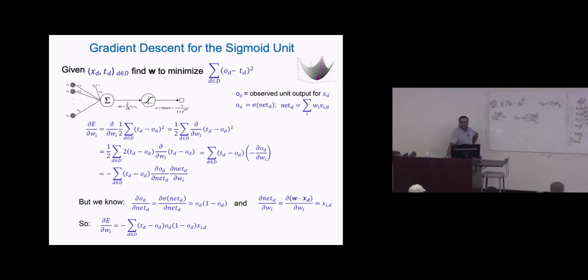We cannot apply the formula that we learned directly, because that formula was sigma of x with d dx, with respect to x. But here we have two different things. In other words, OD is not sigma of W, it's sigma of something else.